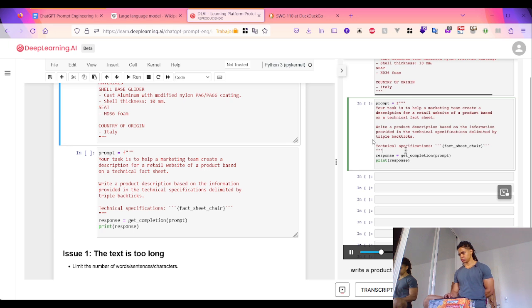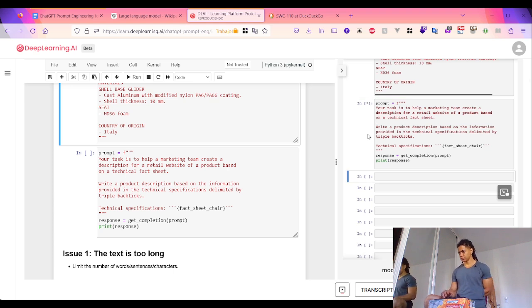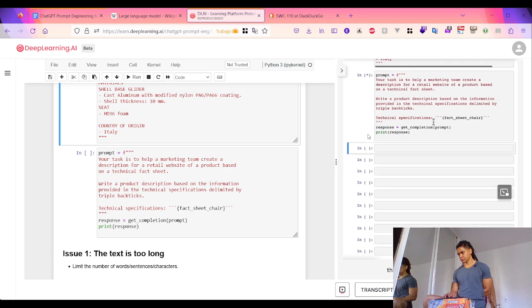So this is my first attempt to explain the task to the large language model. Let me hit Shift Enter, and this takes a few seconds to run.